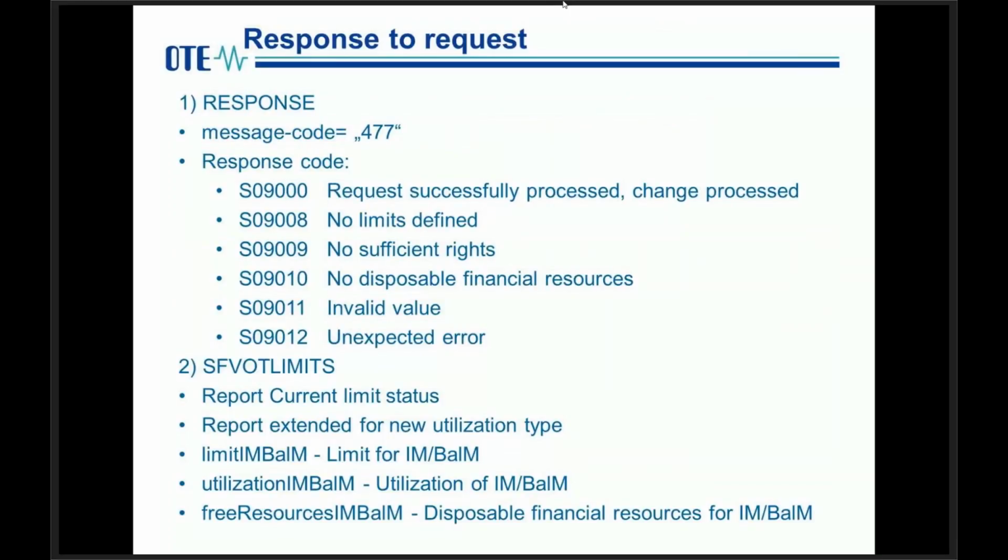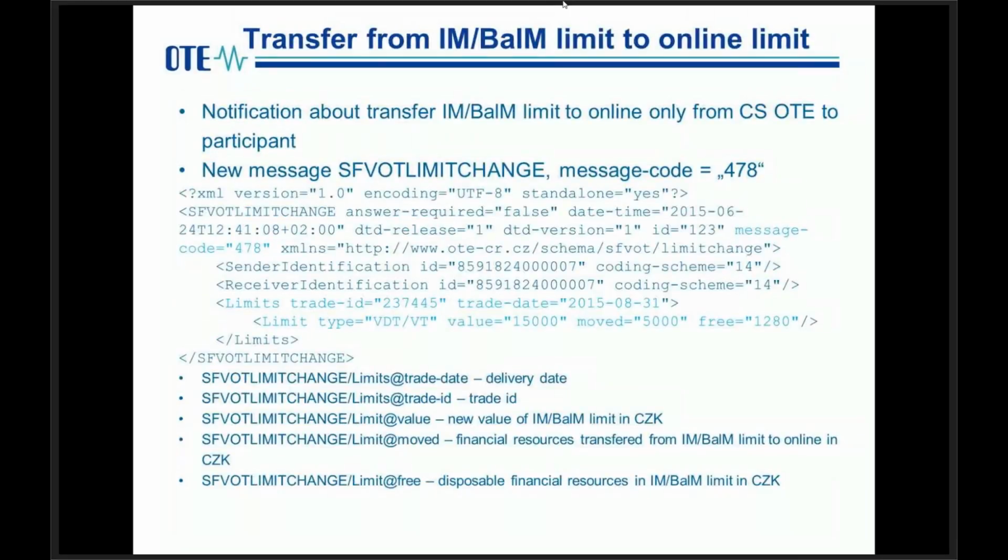We respond using the response, and then we also copy the current state of the limits. So we have the SWOT limit structure for the message. The message is a notification of the conversion of the amount from the intraday or balancing market limit.